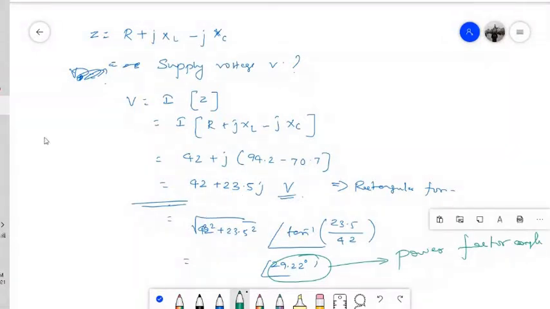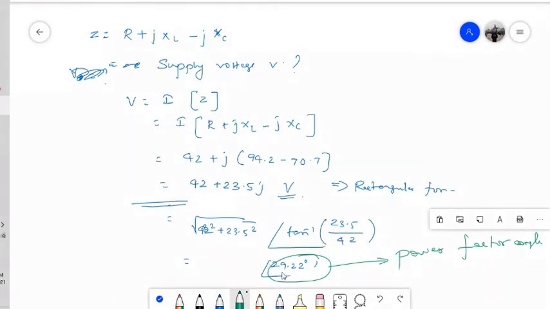Now you can also note one more thing. If you are having a circuit which has only the pure resistance and you don't have any inductor or capacitor in the circuit, what will be the power factor? The reactive term will be 0, so therefore this will be tan inverse 0.